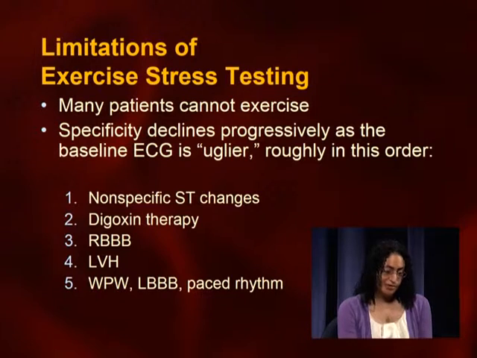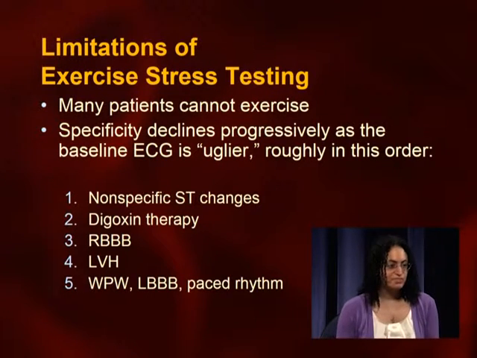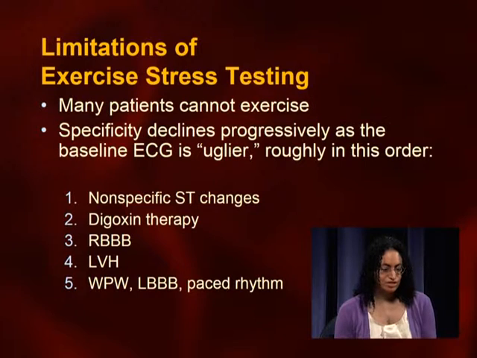Now, we know that many patients can't exercise, and the specificity of an exercise treadmill test alone as the only test declines as the baseline ECG gets uglier, roughly in this order: nonspecific ST changes, digoxin therapy, right bundle, left ventricular hypertrophy, and WPW, left bundle or paced rhythm.